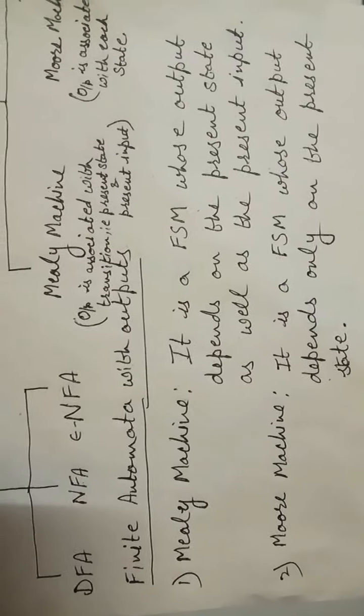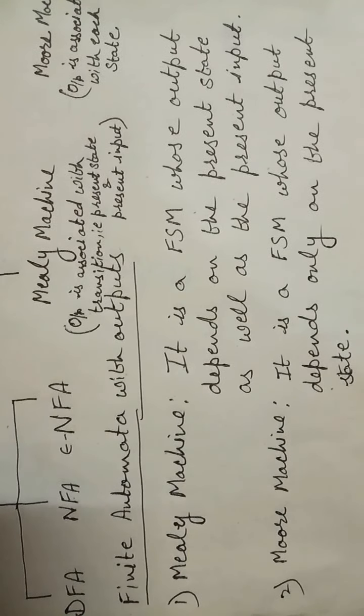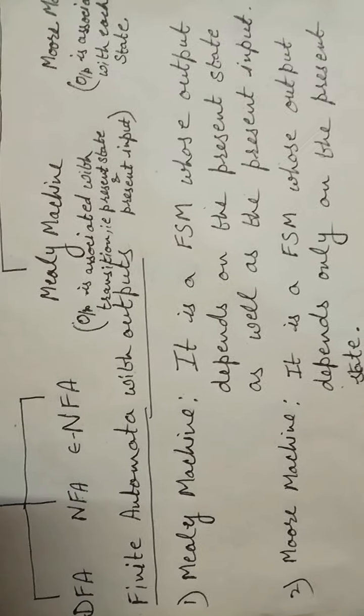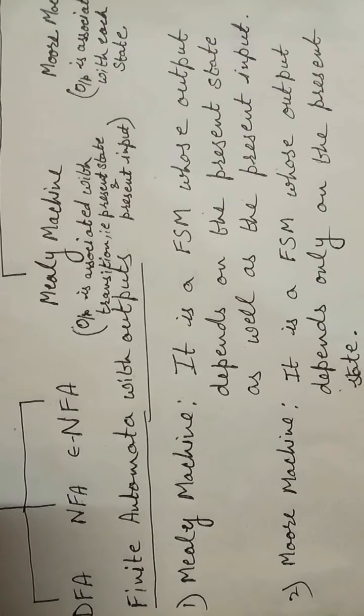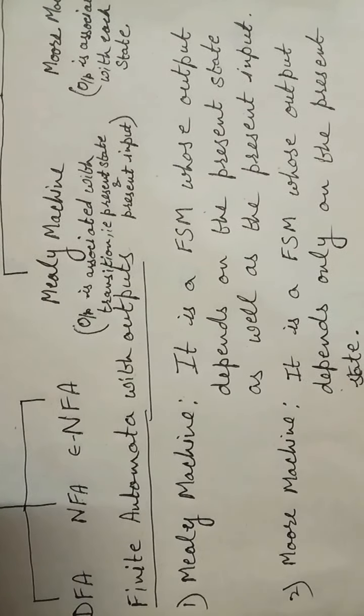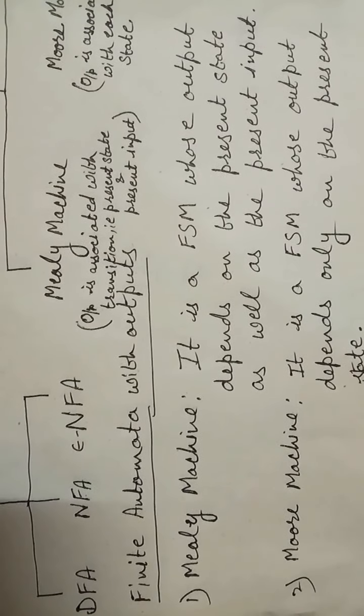First, Mealy machine. Mealy machine is a finite state machine whose output depends on the present state as well as the present input. And the Moore machine is a finite machine whose output depends only on the present state.